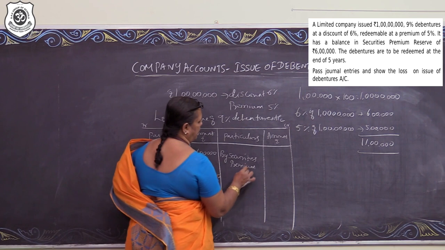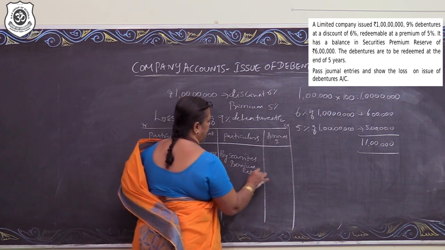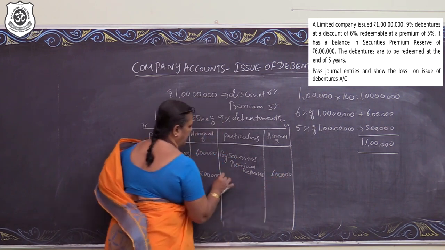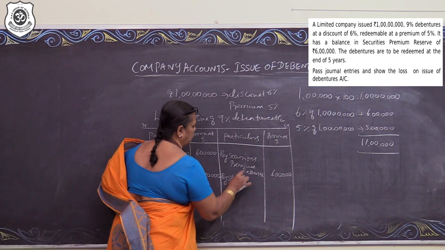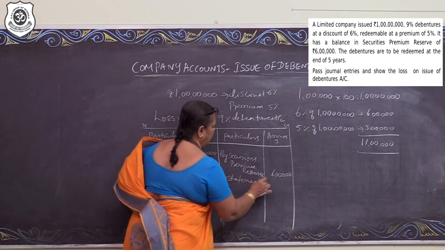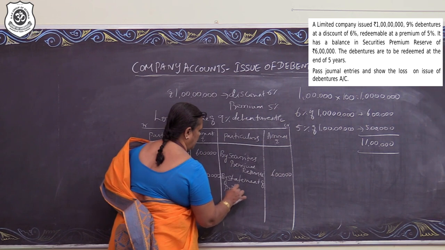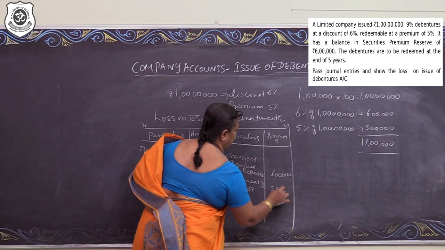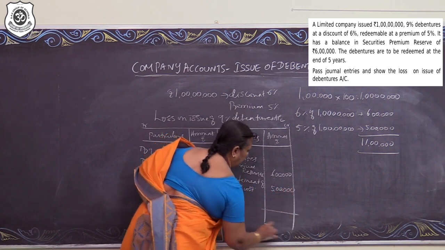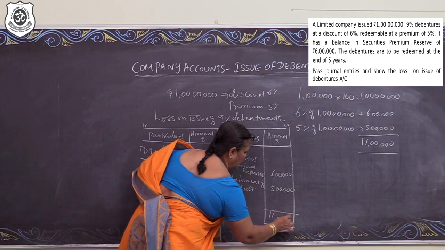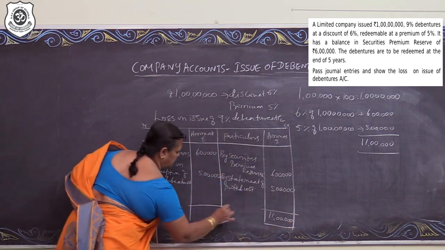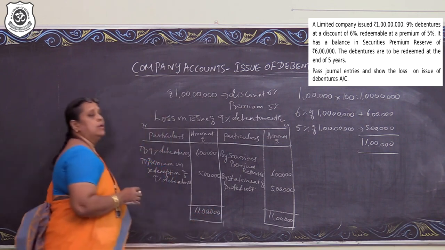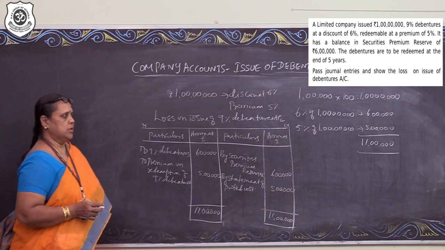So to say, by securities premium reserve account 6 lakh rupees, the balance will be written off to statement of profit and loss, which will be 5 lakh. Therefore, entire 11 lakh is written off in the same year in which it is incurred. There will be no balance left in the loss on issue of debentures account.